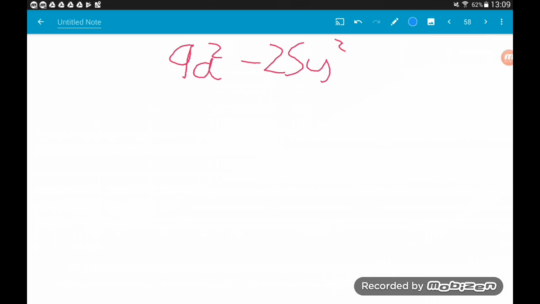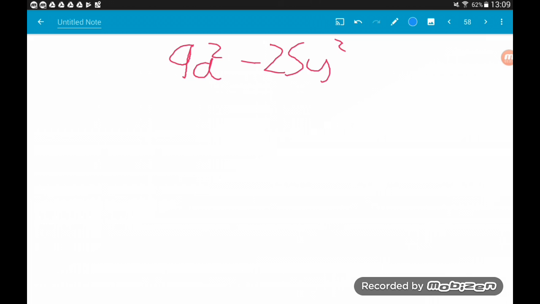Okay, question 4. 9x squared minus 25y squared. Can you spot what this is? Hopefully it's a difference of 2 squares. If you haven't checked out the video on those yet, I highly recommend that you do, because they're going to come in useful a lot, in particular in the next video when we're playing with algebraic fractions and with surds too.